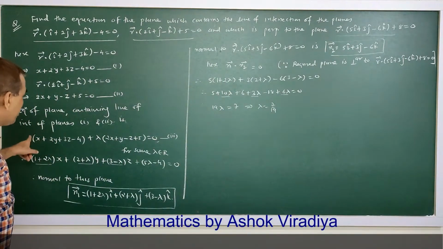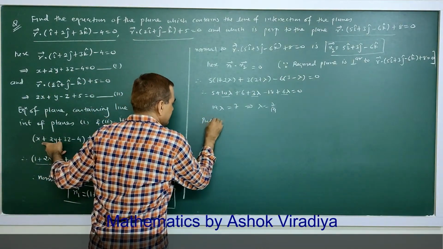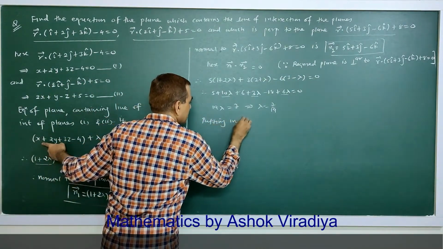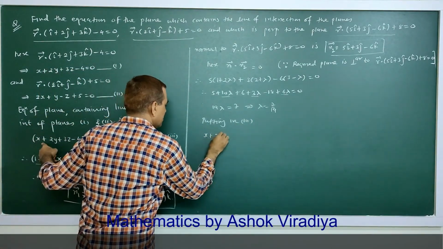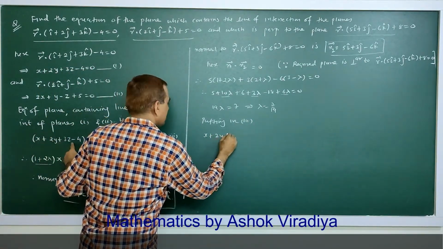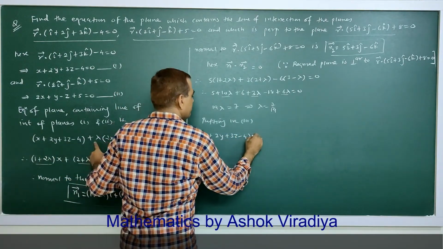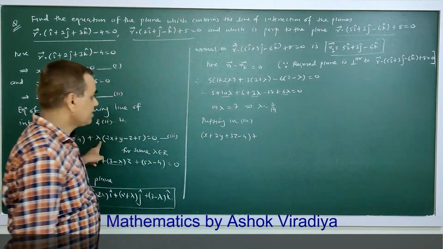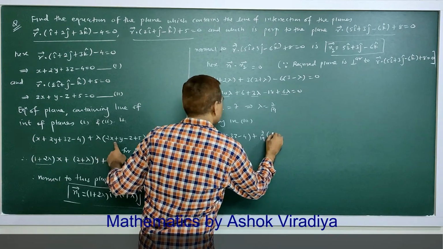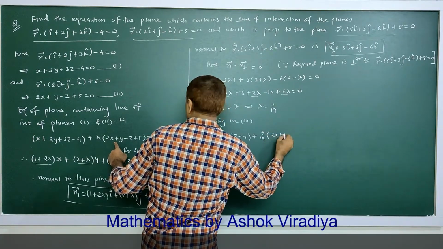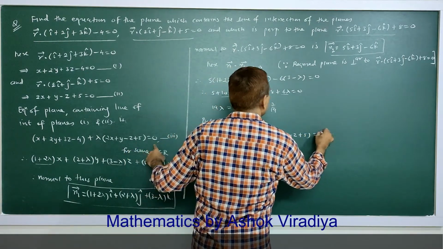This value we are putting in equation 3. So x plus 2y plus 3z minus 4 plus lambda, which is 7 by 19, into 2x plus y minus z plus 5 is 0.